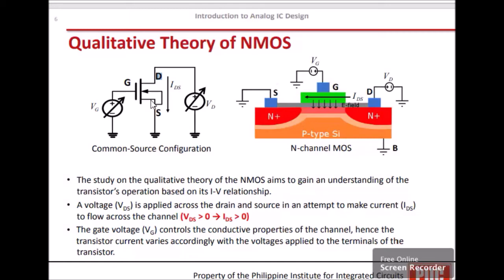In general, the transistor current varies according with the voltage applied to the terminals of the transistor. Itong IDS, depende po siya sa mga voltage na naka-apply sa ating transistor. Naintindihan po? I hope so.